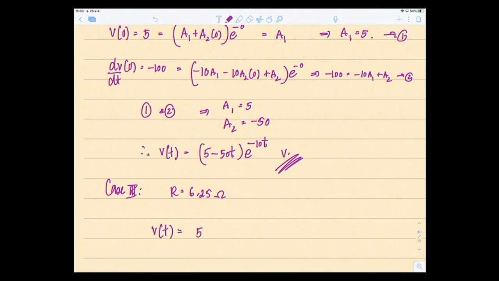At the end, you should get 5 cosine 6t minus 6.667 sine 6t, times e to the minus 8t volts. Please go and do it yourself, practice. You may have to review how to differentiate cosine and sine terms.